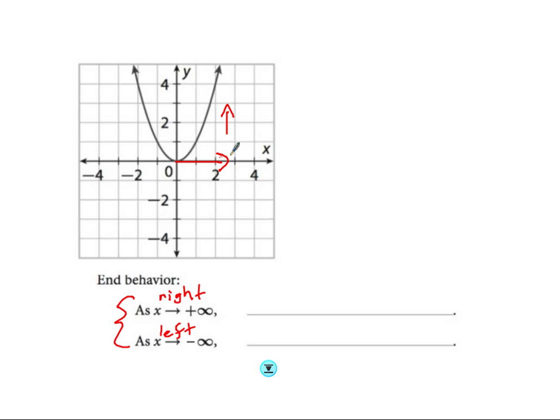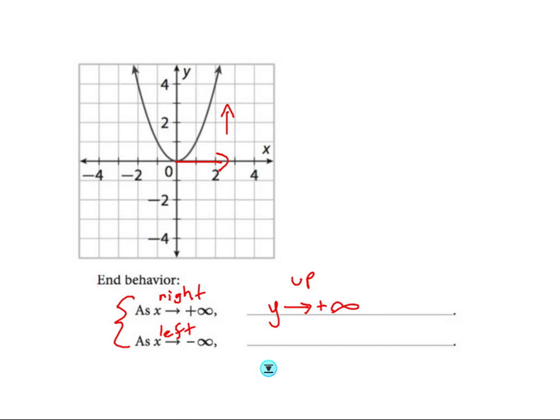So the further you move to the right, the graph keeps on going up. But how do we write that in mathematical form? So remember, for up and down, we have to use y. And since we're going up, we're talking about positive values, which in this case is positive infinity.